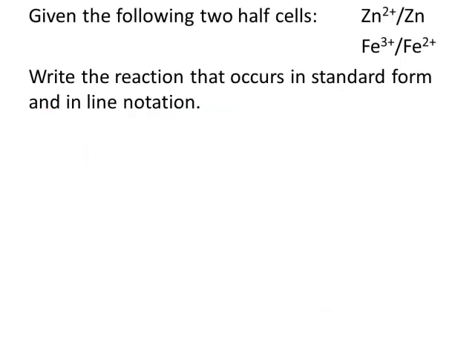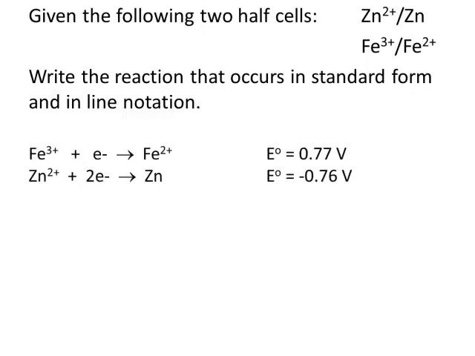The second example on the worksheet gives you two half cells and asks you to write the reaction in standard form and in line notation. Look up the two half cell potentials. The half reaction with the more positive half cell potential undergoes reduction as written. The other half reaction undergoes oxidation, so the reaction is flipped.